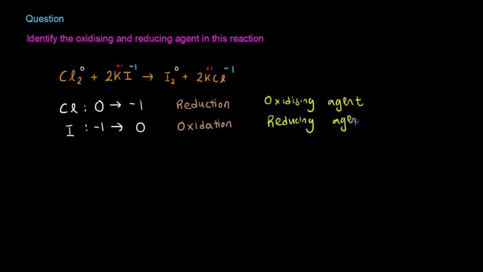So you see my point now. If it undergoes something, it's the opposite agent. For example, if it undergoes reduction, it's an oxidizing agent. If it undergoes oxidation, it's a reducing agent. Hopefully this question clears up any doubt you have about oxidizing and reducing agents. And with this, we are done for this chapter, which is chemical equations.